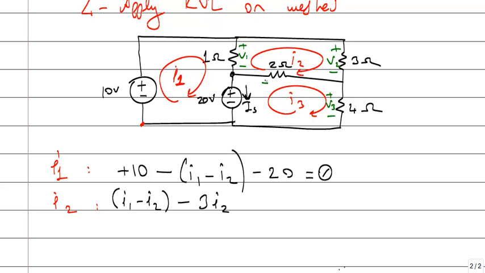Let me say V4. But I2 is entering from the negative of V4. So let me change this side negative, this side positive. Okay, it's up to me. I can select any direction. It's not important actually, but let me select in that direction. So there is a voltage drop of V4. I will say minus V4.